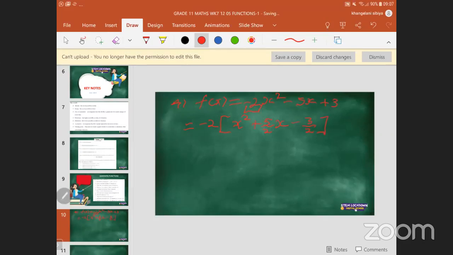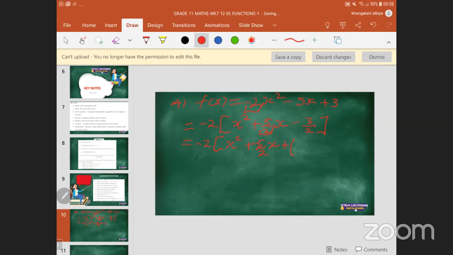After that, you square the coefficient of x, right? Let's square it. This is our coefficient of x, right? So this will be minus 2, but this is what you did in term 1. This is plus 5 over 2 x. Obviously, you square this one.